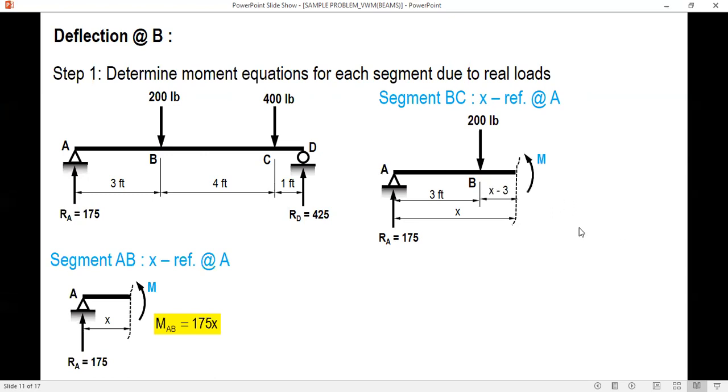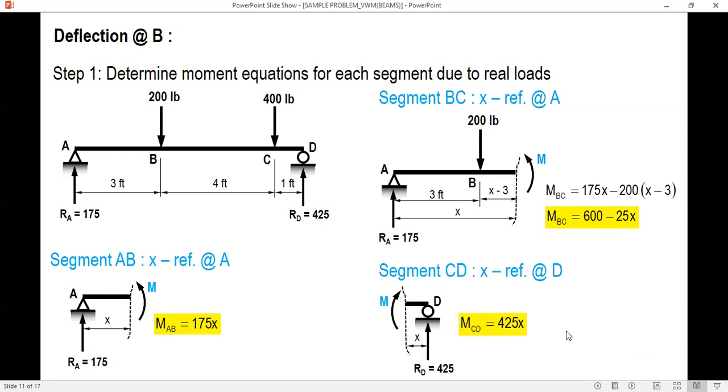And M, sum up moment, we have 175x minus 200 times x minus 3. Simplify this one. And for CD, no changes since the reference is point D. Same lang.